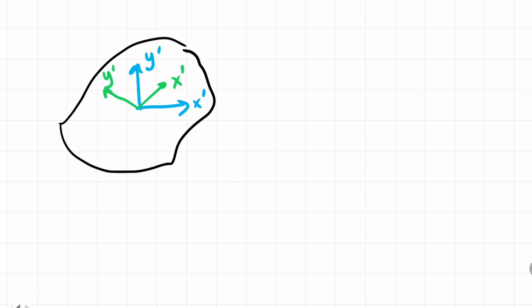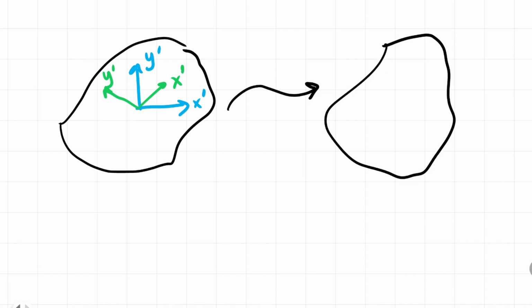So this means that when the rigid body moves, these two coordinate systems are going to stay in the same position with respect to the rigid body. Perfect. This is what I mean by having two coordinate systems in the rigid body.